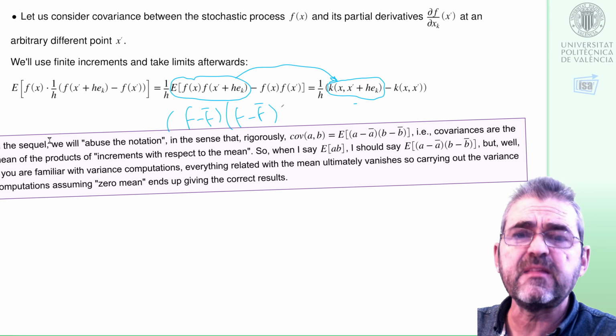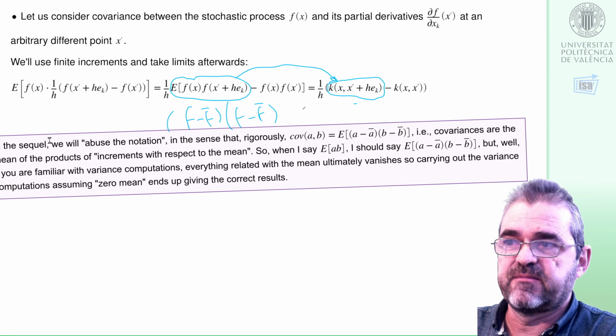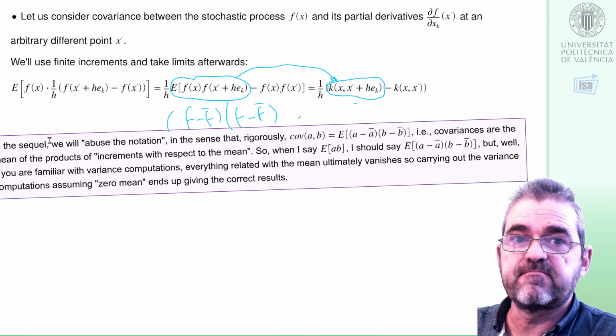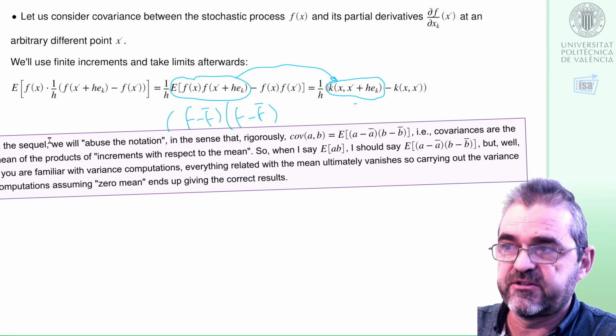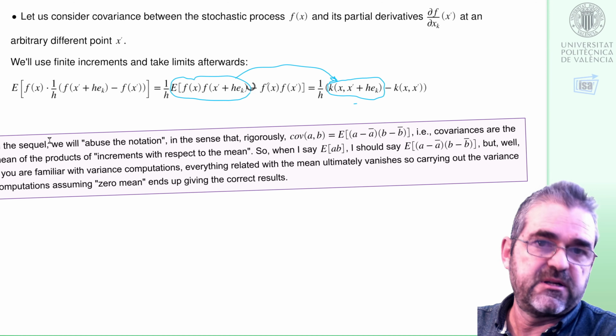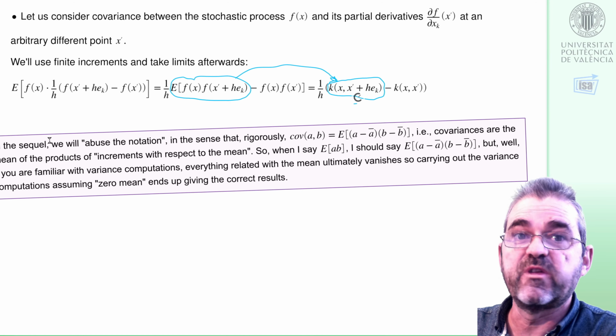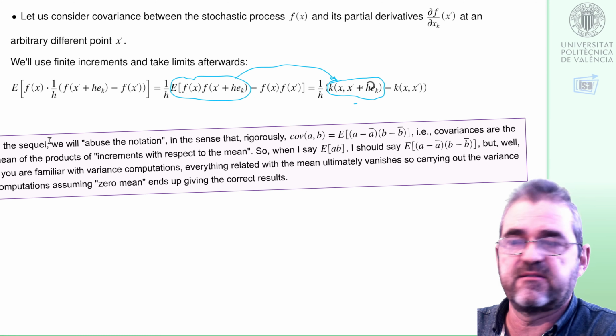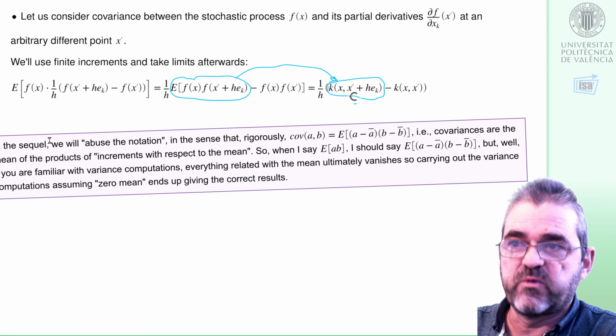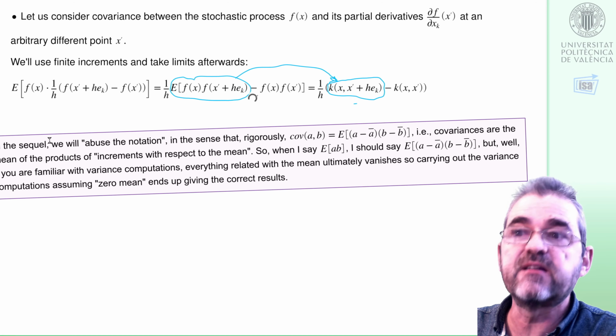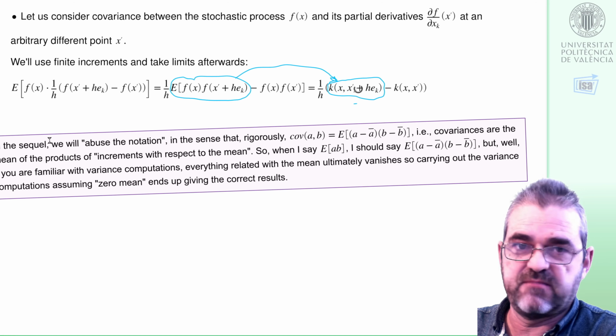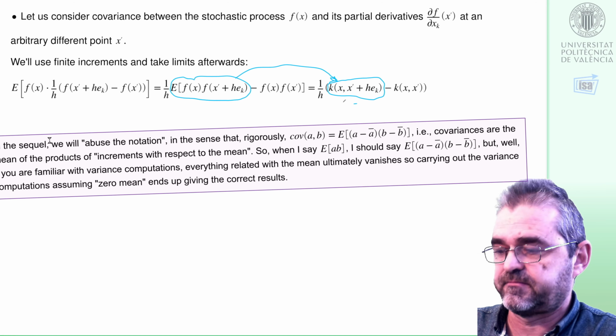But okay, means cancel out. And I leave to you as an exercise to write the correct version with non-zero mean. If you're familiar with variance computations, you know that when we say this, we are actually saying products of increments around the mean, but things do work.